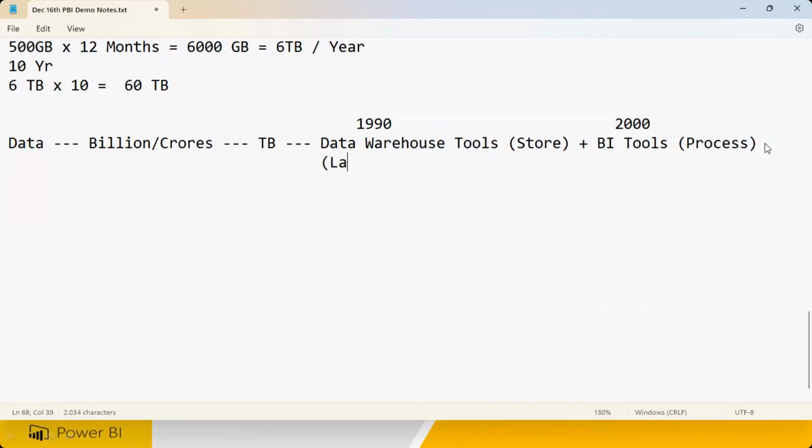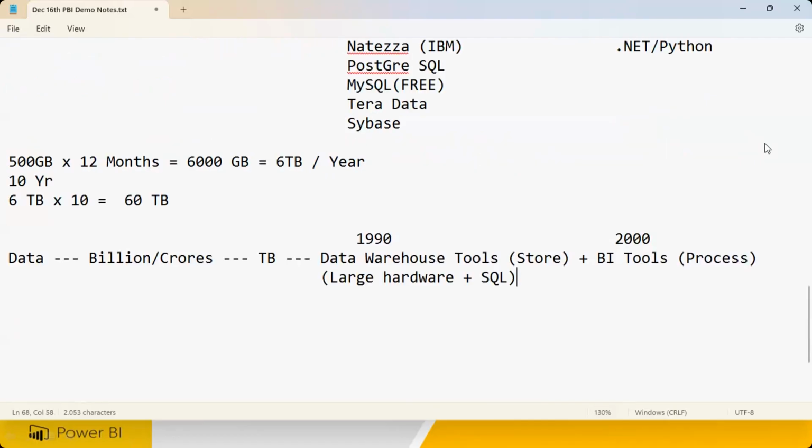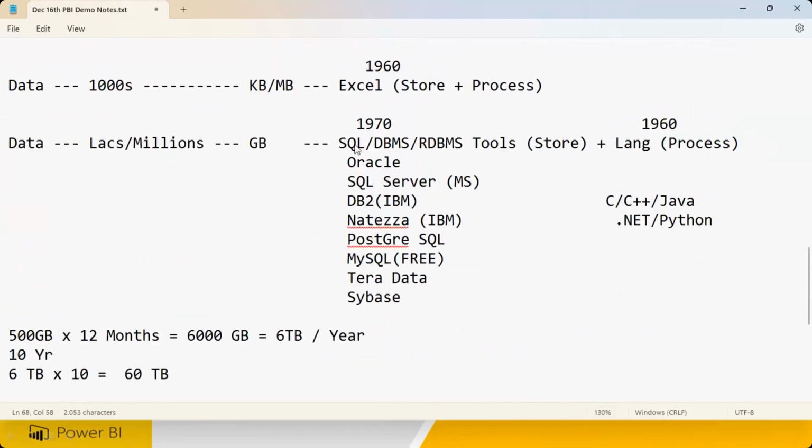It is going to be with large hardware we are going to buy, and inside that we are going to use a software called SQL. What is SQL? SQL is a software tool, which is software only. So Oracle you can install, SQL Server you can install, DB2, Netezza, Teradata, anything you can install, but you need to have large hardware.